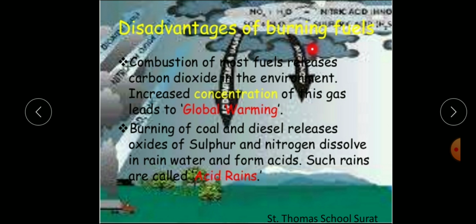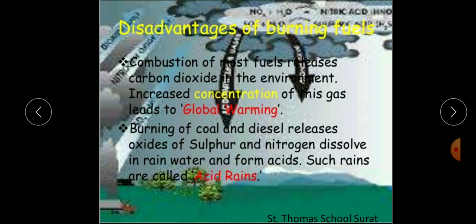Next, the disadvantages of burning fuel: burning of coal and diesel releases oxides of sulfur, or sulfur dioxide gas. Sulfur dioxide gas is an extremely suffocating and corrosive gas. A petrol engine gives off a gaseous mixture of what? Of nitrogen.